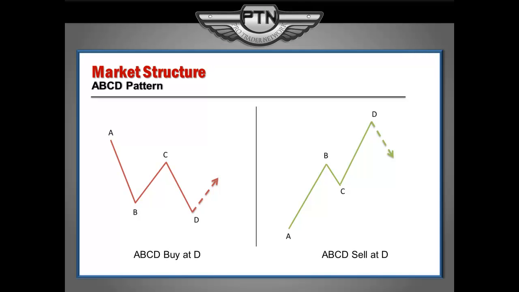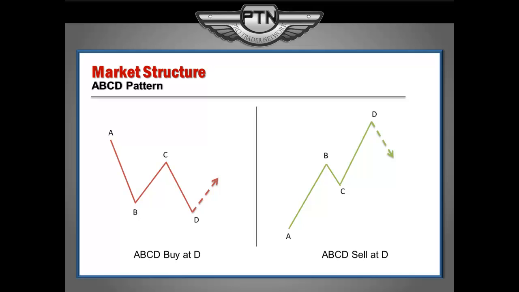Here's our ABCD pattern, traders. We have an impulse move A to B, we have a retrace from B to C, and then we're looking for the C to D leg to equal the A to B impulse move. In this particular case, looking at the left side of this slide, we would buy at D after the completion of the ABCD pattern in a downtrend.